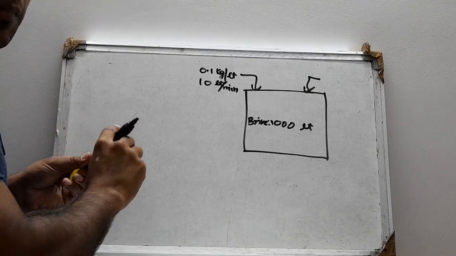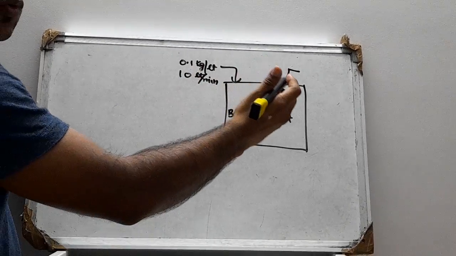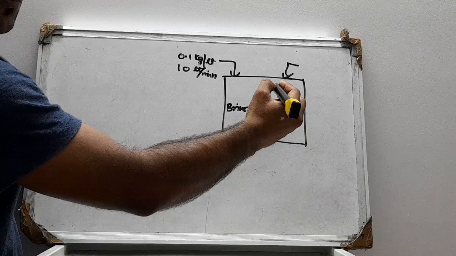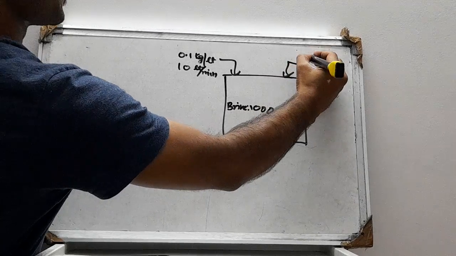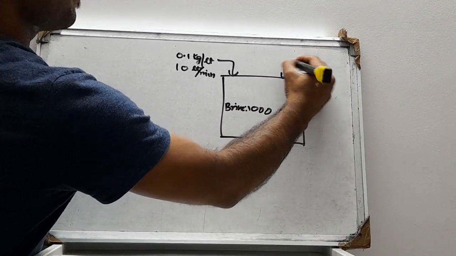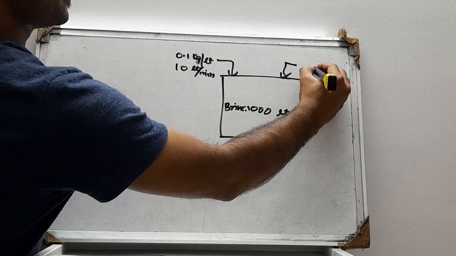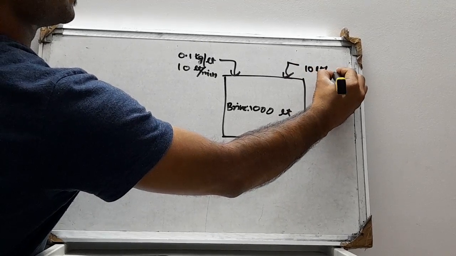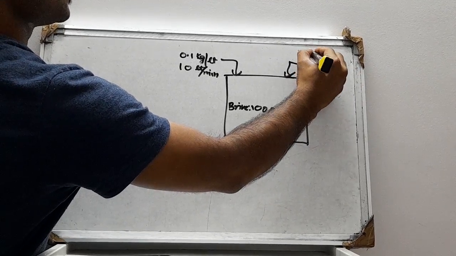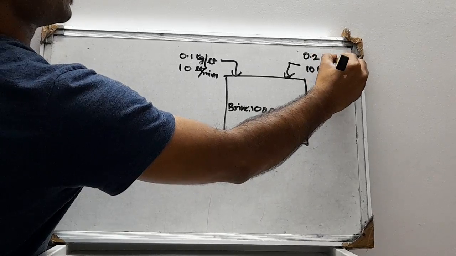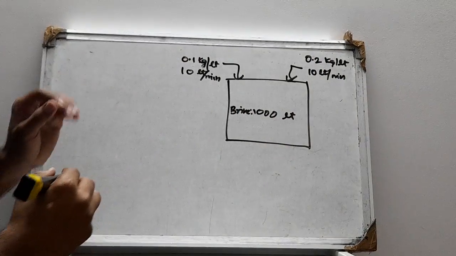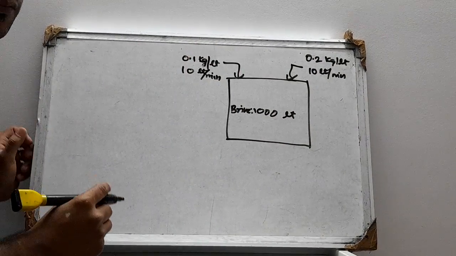Similarly, another brine containing 0.2 kg per liter of salt flows in through pipe 2 at 10 liters per minute.